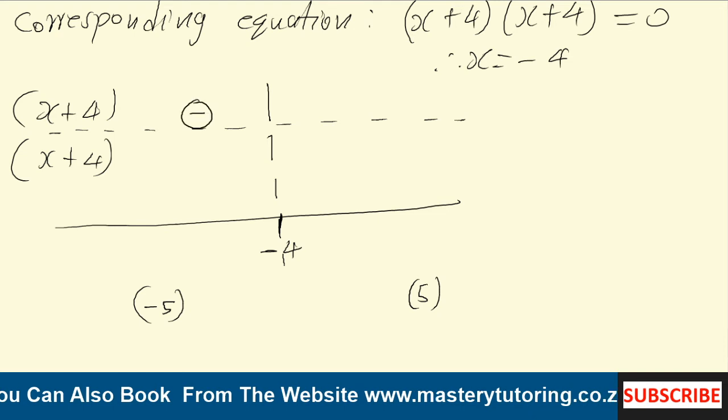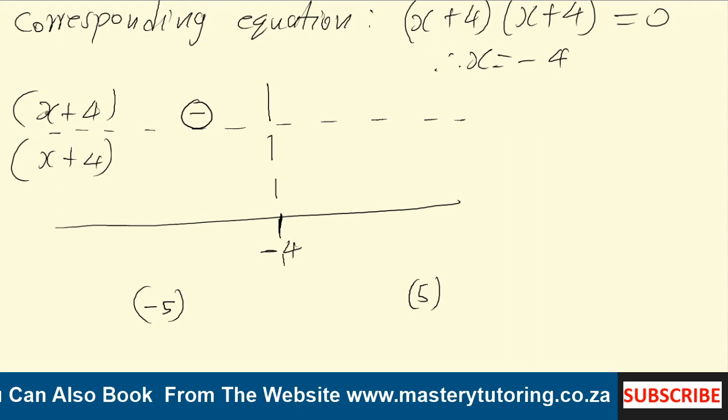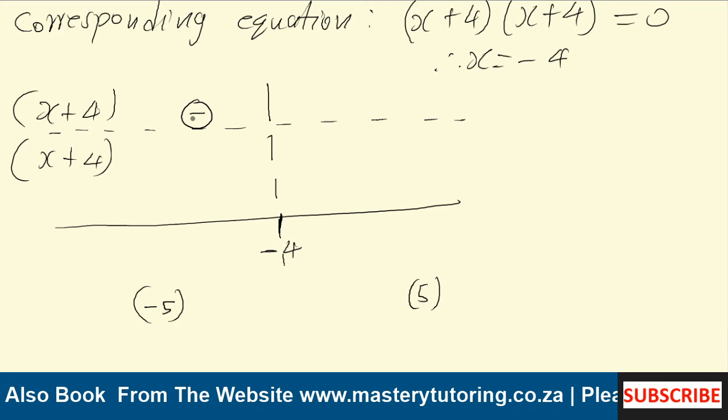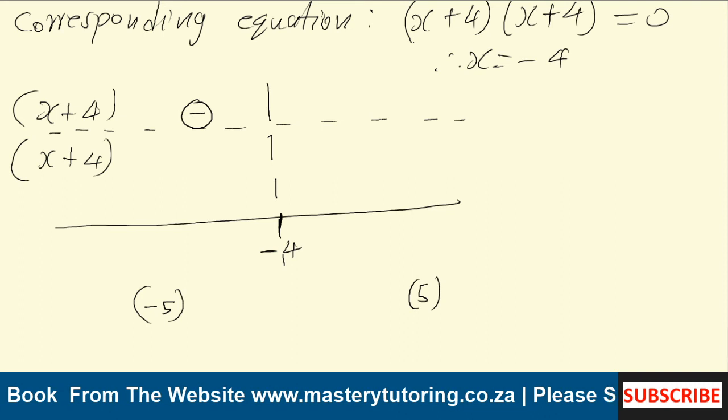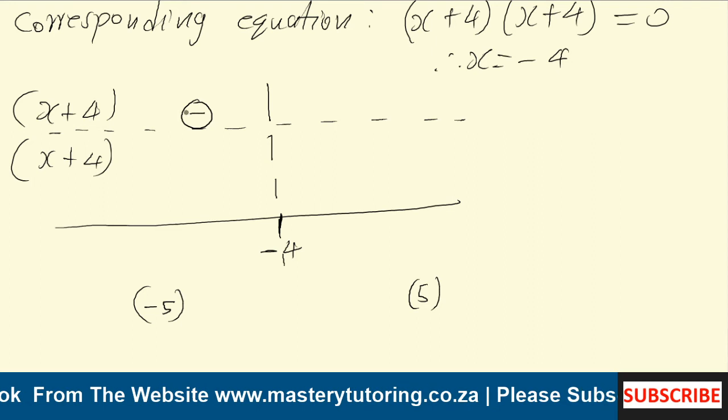If you put negative 5 there, you're going to get a negative 1. If you put any number that is less than minus 4, you're going to get a negative answer. If you put negative 10, you're going to get a negative 6. If you put negative 20, you're going to get a negative 16. So any number that is less than minus 4 is going to give a negative answer.